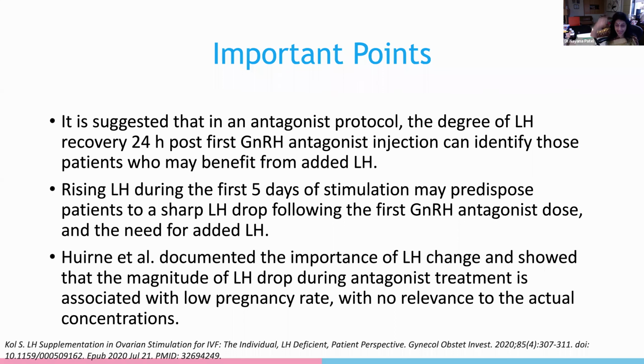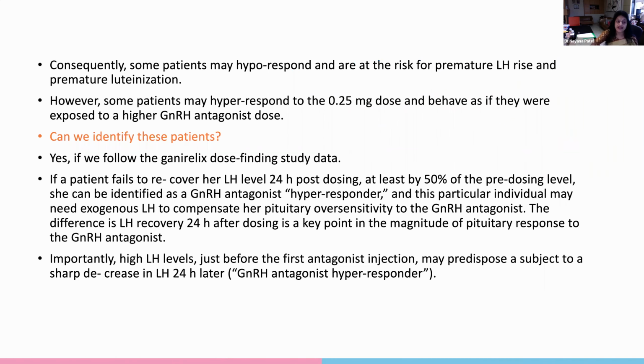So it is the dynamic change in the magnitude of LH drop which is associated with low pregnancy rate and low oocyte quality. Some patients may hyper-respond to the antagonist, and there is a risk of premature luteinization and premature rupture of the follicle. But some patients may hyper-respond to that antagonist and the LH goes really, really down.